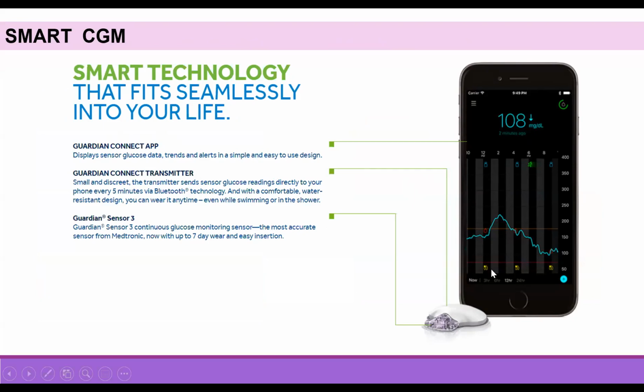When it connects with your mobile phone, the data will be generated and given to the mobile phone, so that you can see the fluctuation of the blood glucose level after taking a meal or remaining in a fasting state. So every time you can check what the plasma glucose level is right now.